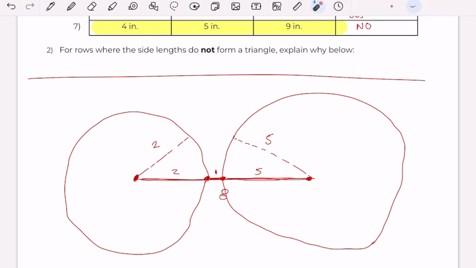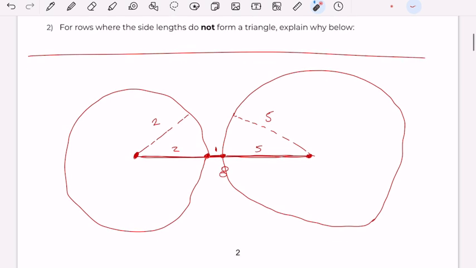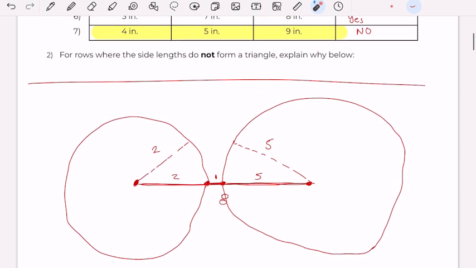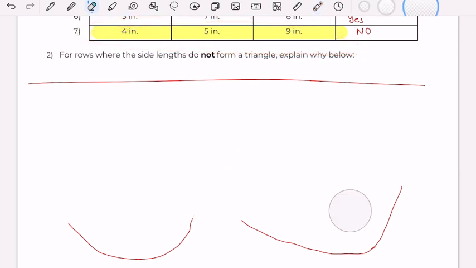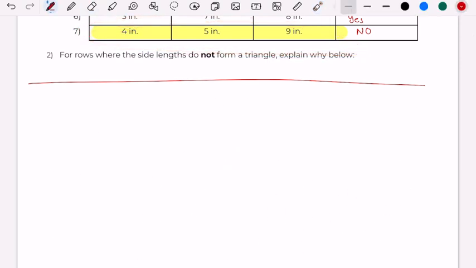When are these circles intersecting? If the addition would be bigger than 8, then the circles would intersect. For example, in the scenario 4, 5, 9, I'm going to erase this. I have a big side of 9.